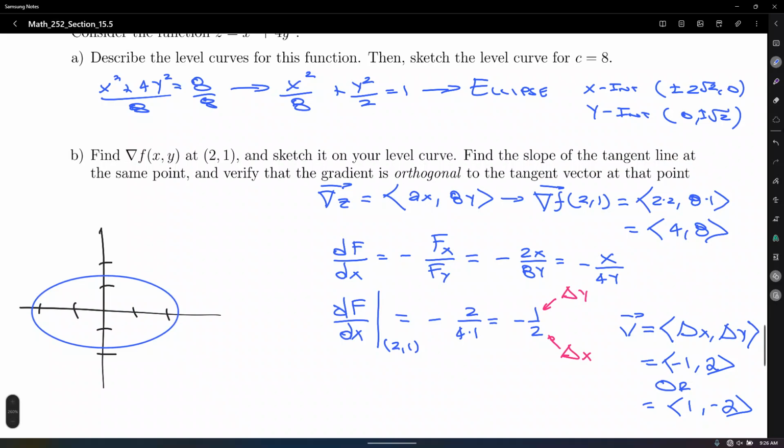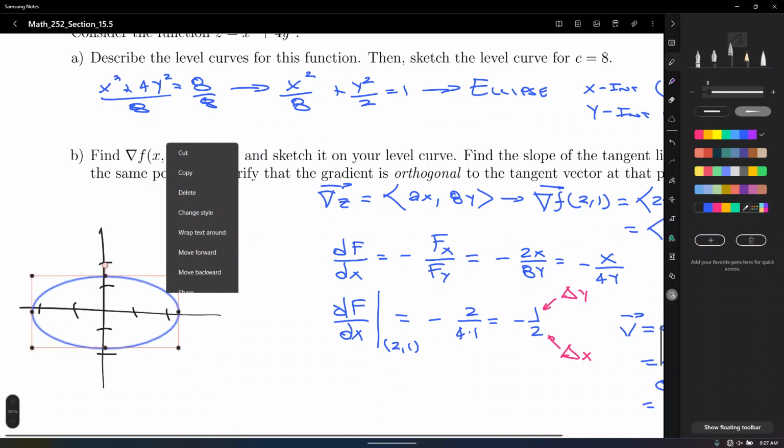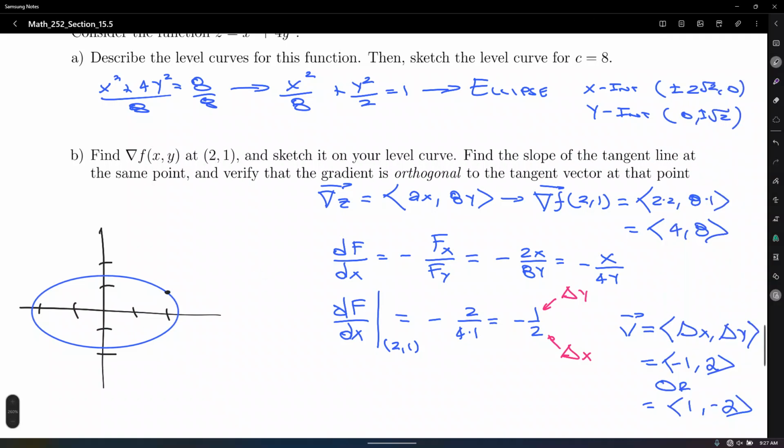So let's go to the point (2, 1). All right? The point (2, 1), which will be this point. Anyway. There we go. Okay, so that's our point, (2, 1). From there, check this out.